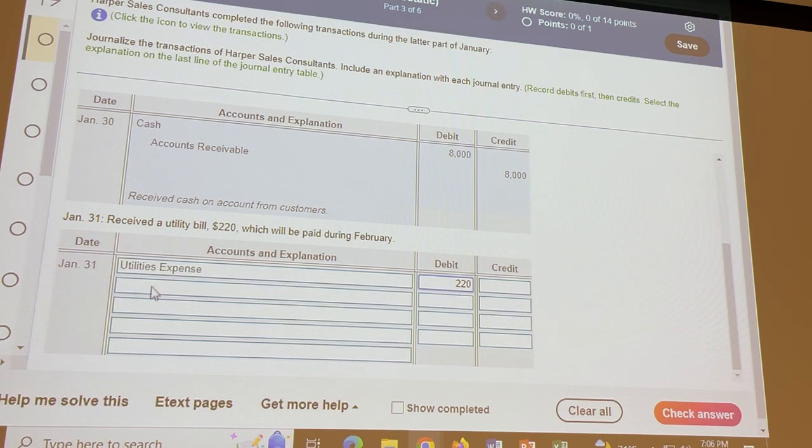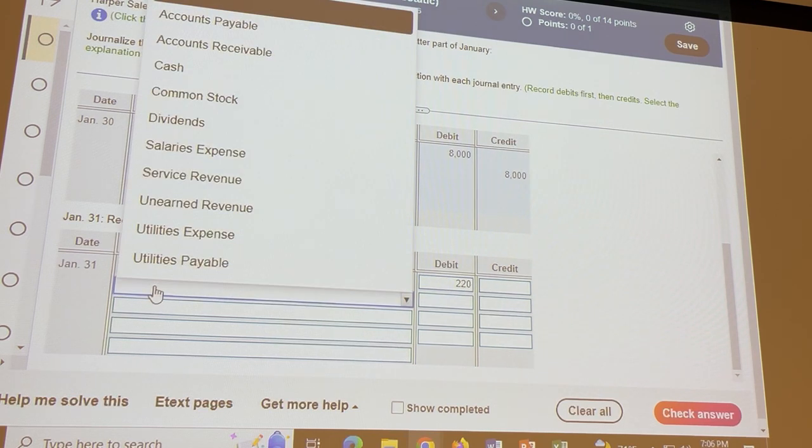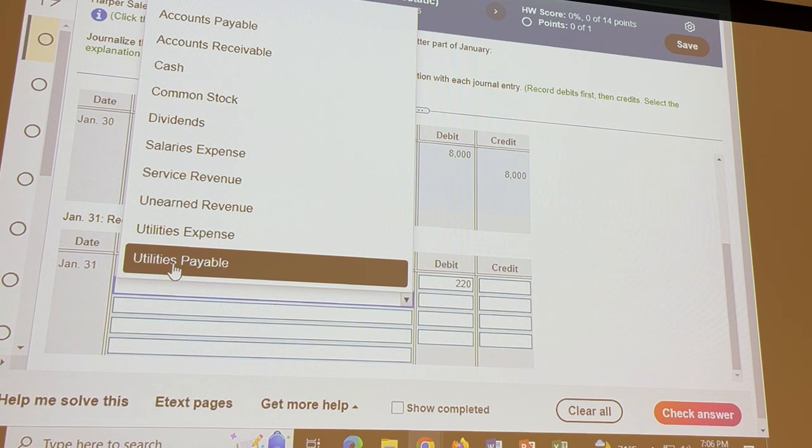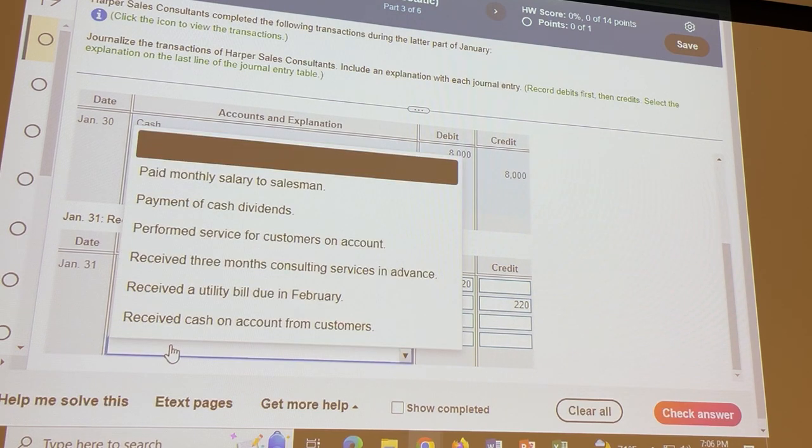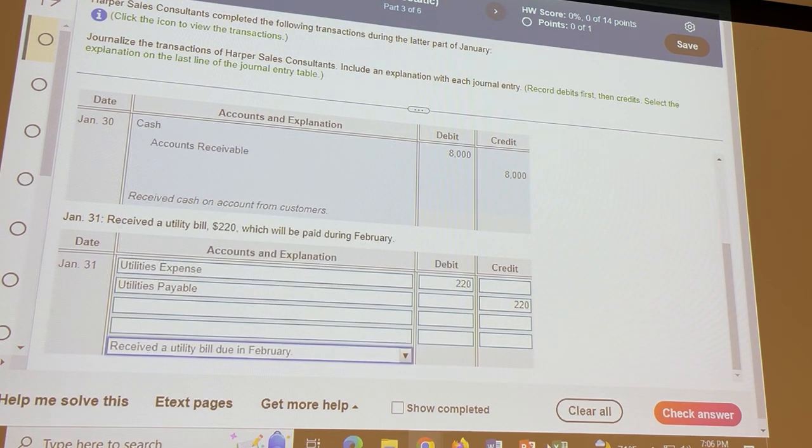And then the account that we credit, they have an account called utilities payable. As I mentioned before, if they didn't have an account called utilities payable, then we could use accounts payable. But here, it's better to use utilities payable. That's more specific. And at the bottom, received a utility bill due in February.